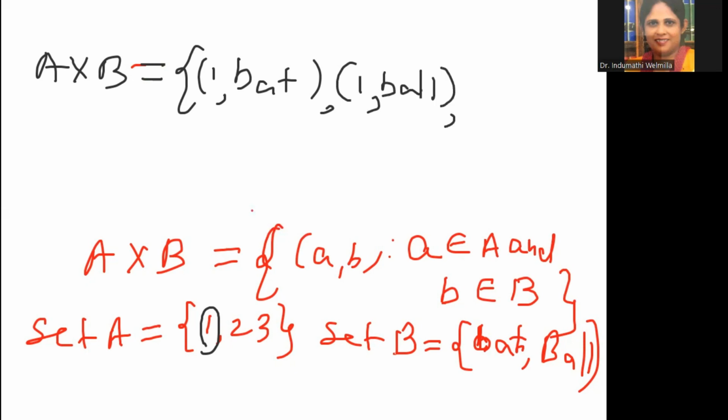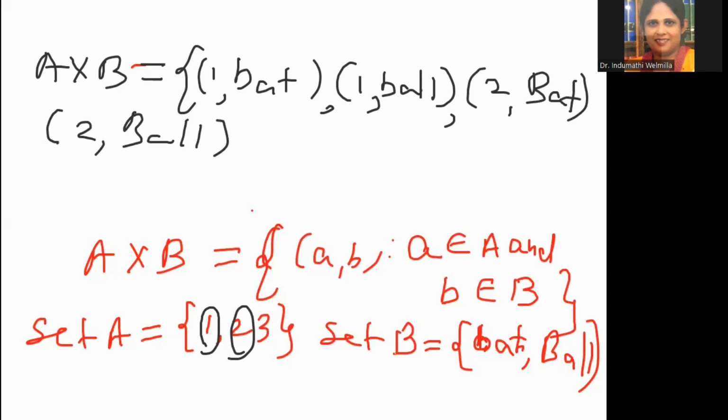And same as another object we can take from the set A2 and bat, and one more can be 2 and also ball. And when we consider the last object of the set A3, then 3 and bat can be one. And also 3 and ball.